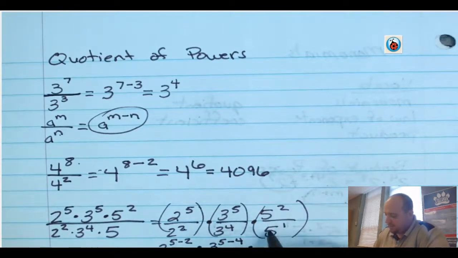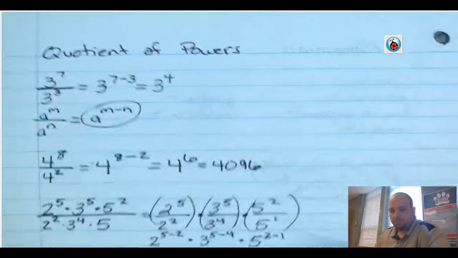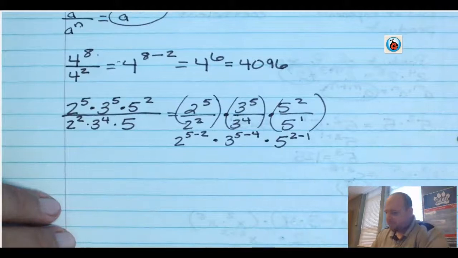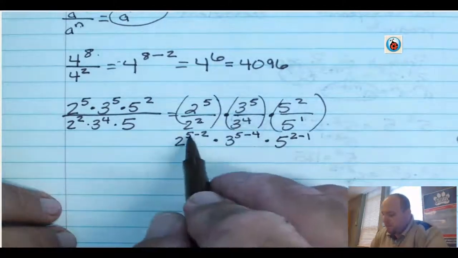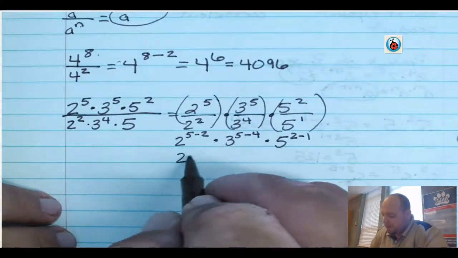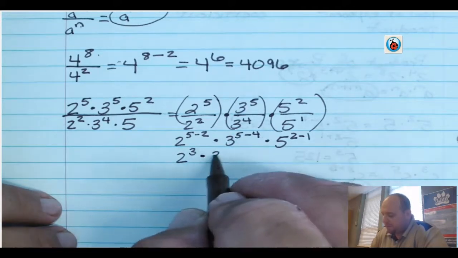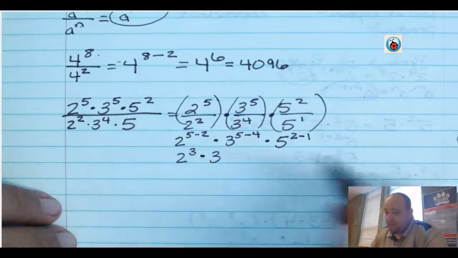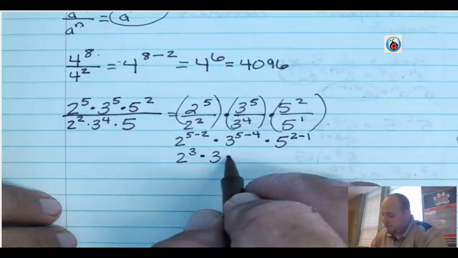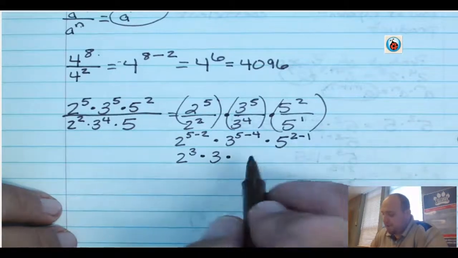Again, the base in this case is 5, so I'm going to write 5. I'm going to write the first exponent of 2. The bottom exponent is 1, so I'm going to do 2 minus 1. So when I do 2 to the 5th minus 2, I end up with an answer of 2 to the 3rd. 3 to the 5 minus 4 gives you 3 to the 1. 5 to the 2nd minus 1 gives you 5.